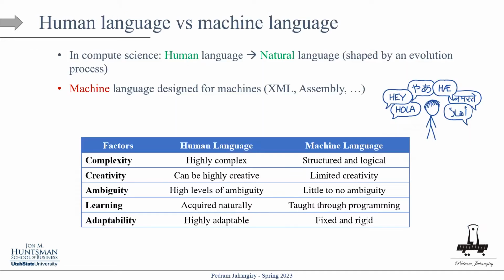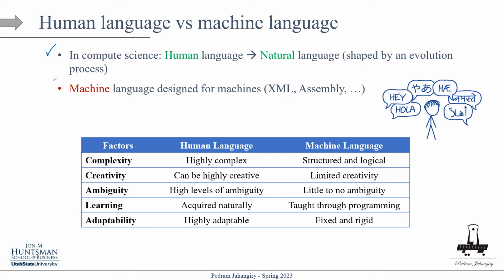All right. Now let's see what this natural language is and why we call it natural. So, human language versus machine language. In computer science, we refer to human language as natural language because it is shaped by an evolution process, just like any biological organism that we have. That's where the name natural is coming from, because it happened naturally.